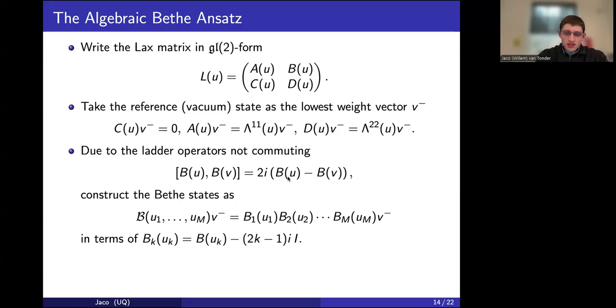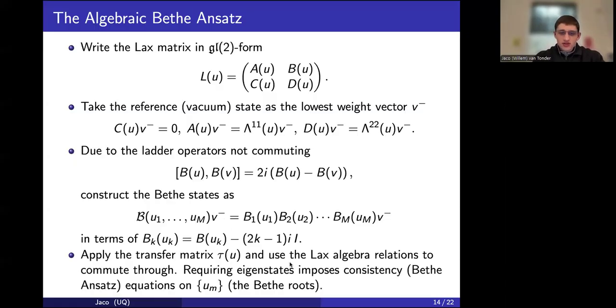But this can be relatively easily overcome by simply shifting our raising operators by some constant. And then if we define the Bethe state in this way, with the shifting, then the state won't depend on the order of these spectral parameters for the Bethe state.